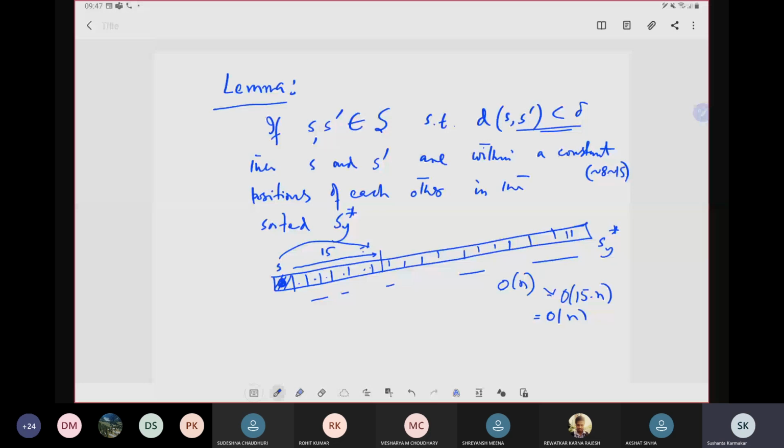Okay, so let me try to give an outline of the lemma. You can find this in the book. You will see it in the divide and conquer chapter in the Kleinberg Tardos book. There is a divide and conquer chapter starting in the 5th chapter, and there is this closest pair of points problem.